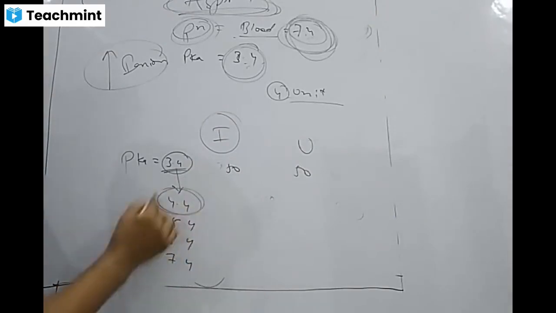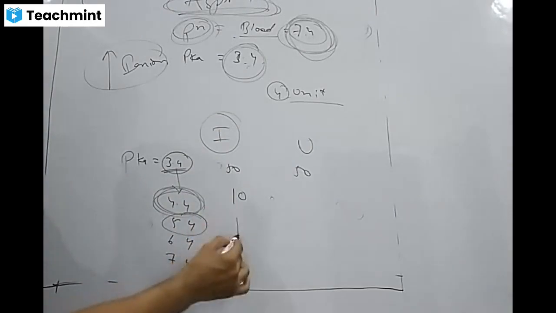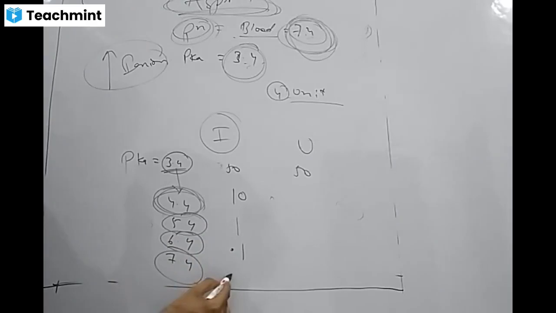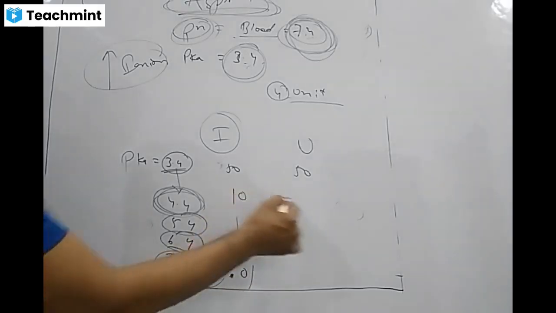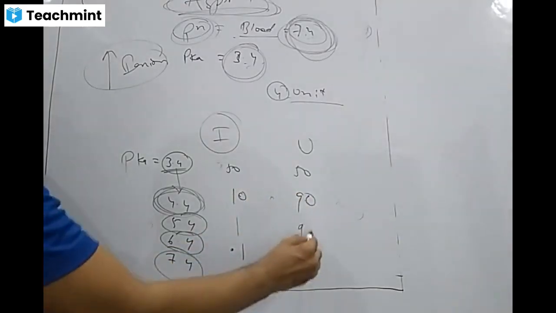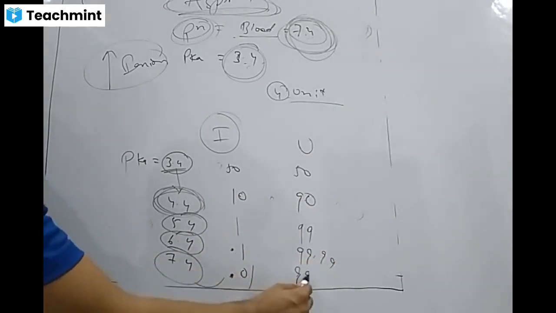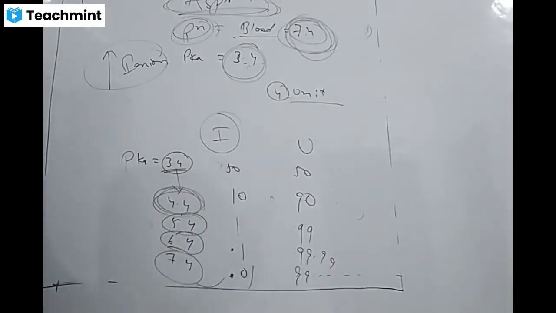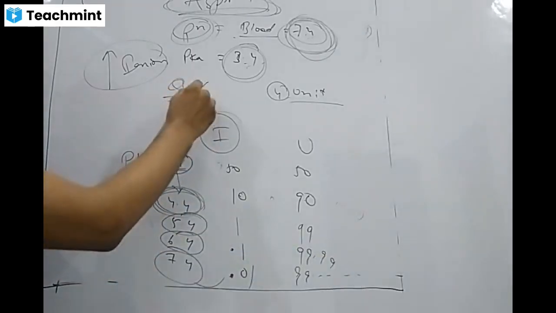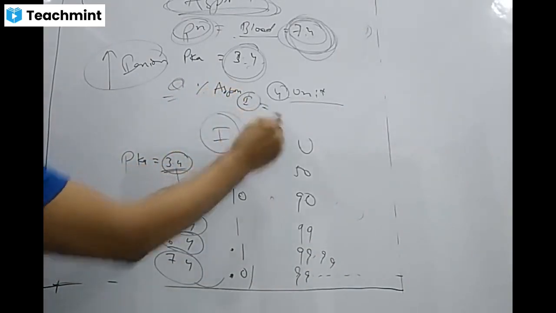So let's start with 1 unit change, then 2 unit change, again 1, 3 unit change, 0.1, and 4 unit change, the answer is 0.01. And what is remaining here is 90 to make it 100. Here 99, 99.9 and 99.99 something.